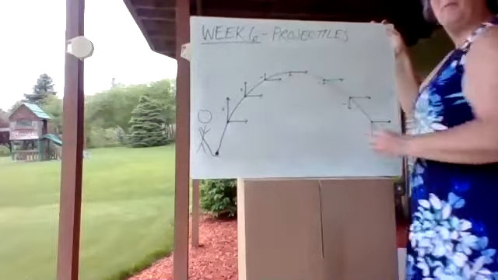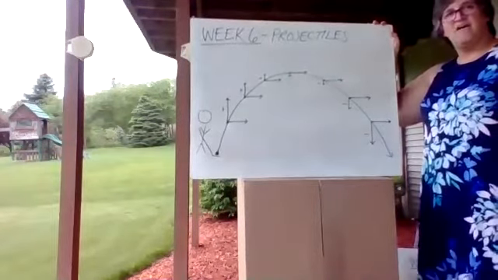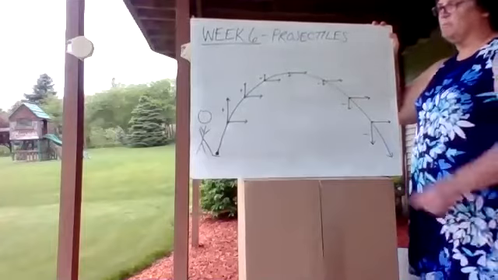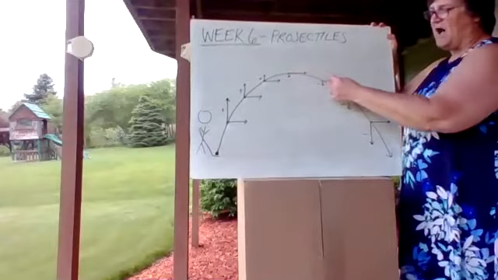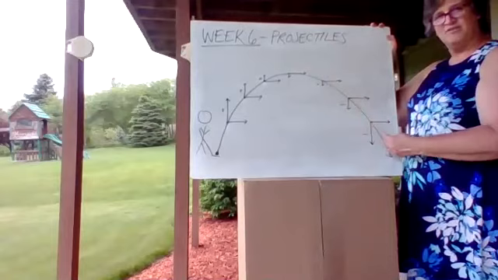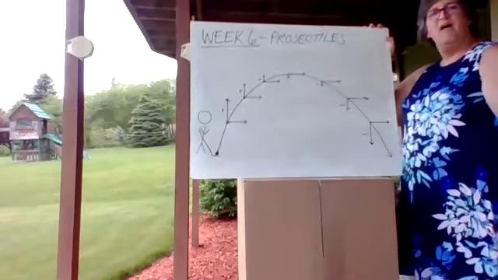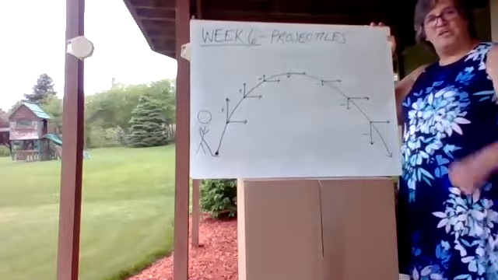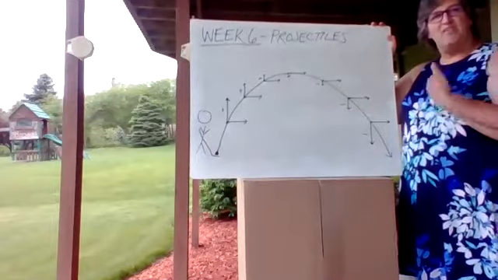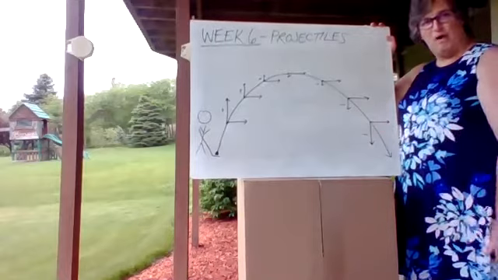At the top, for a split second, that golf ball is at 0. As it keeps coming down, it's going to get faster and faster and faster in the vertical direction. The horizontal direction is determined by the velocity that I hit the ball with.